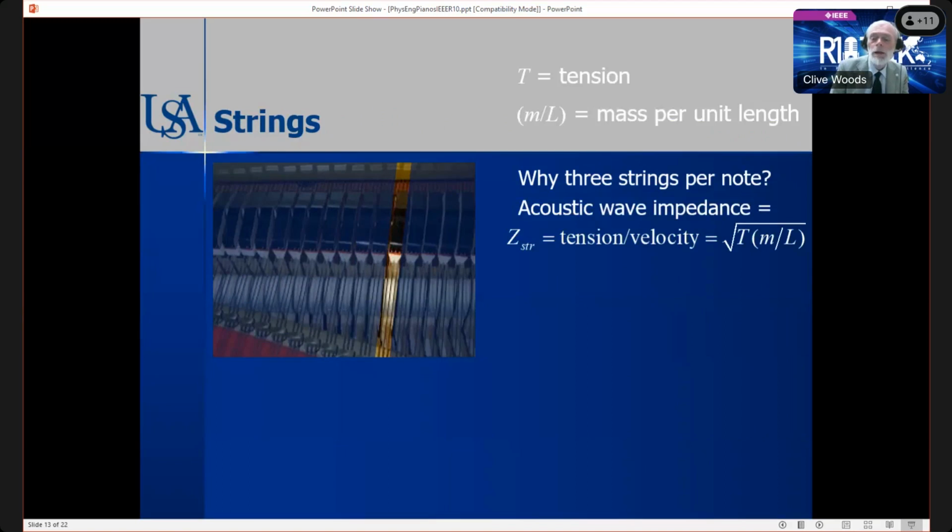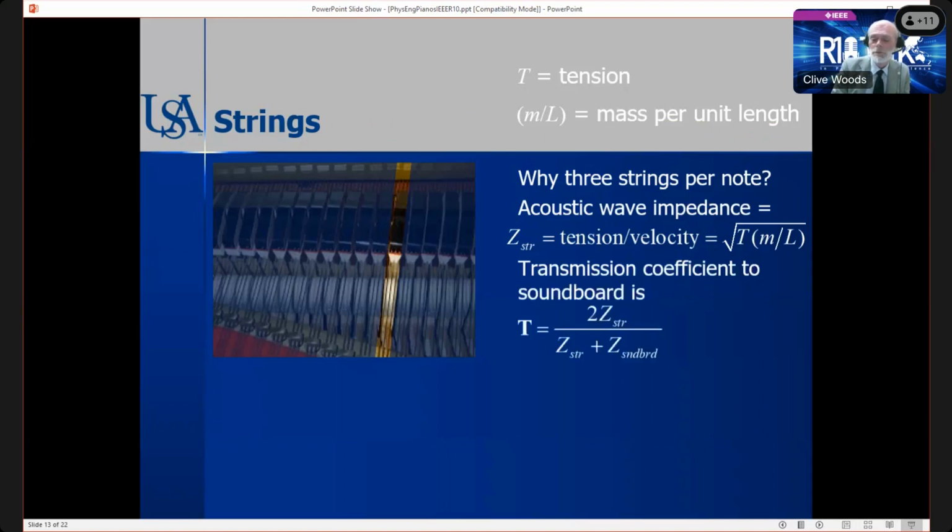Well, we have to think about the acoustic wave impedance. The acoustic wave impedance is defined as tension divided by velocity, so when you work it out, it works out to be the square root of T, tension, times the linear density. Those of you who know about transmission lines will know that the transmission coefficient at a boundary is given by that formula.